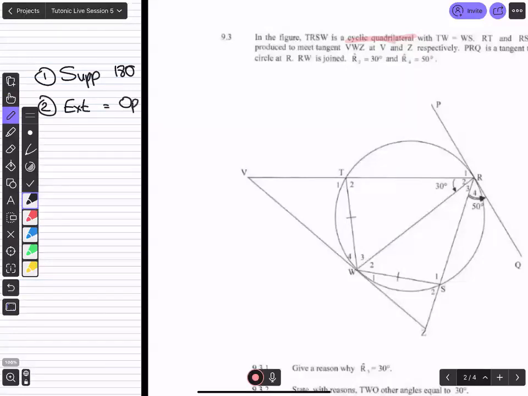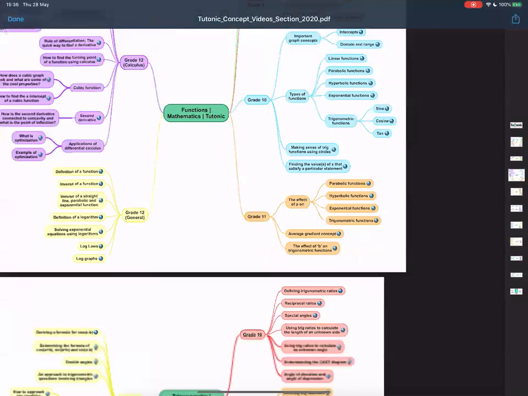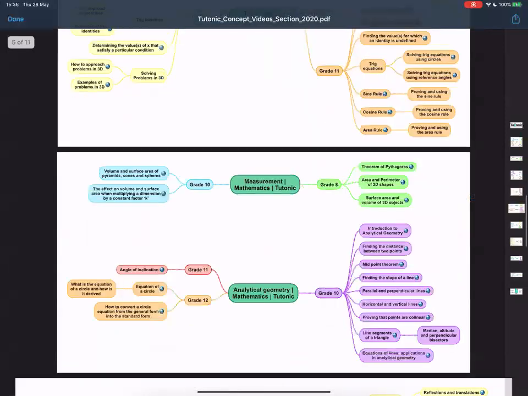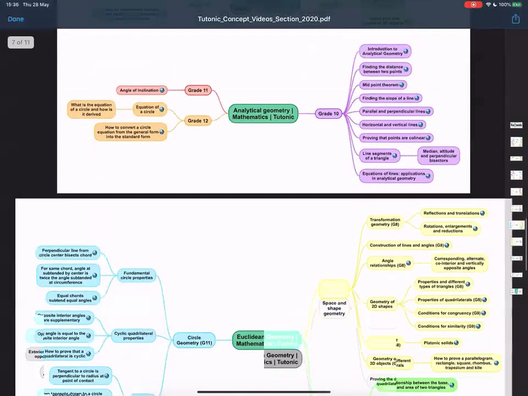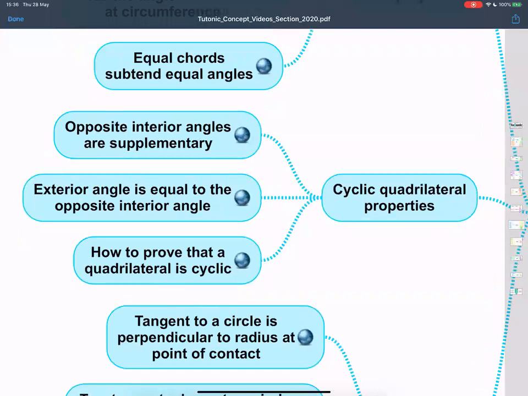Angles in the same segment. Yeah, angles in the same segment. Now, what you'll notice is that these properties that I'm asking you for right now are exactly what's over here. Do you see that? So I want you to memorize this. Memorize the properties of the cyclic quad. And obviously understand it, but also memorize it so that it becomes quick, it becomes automatic.